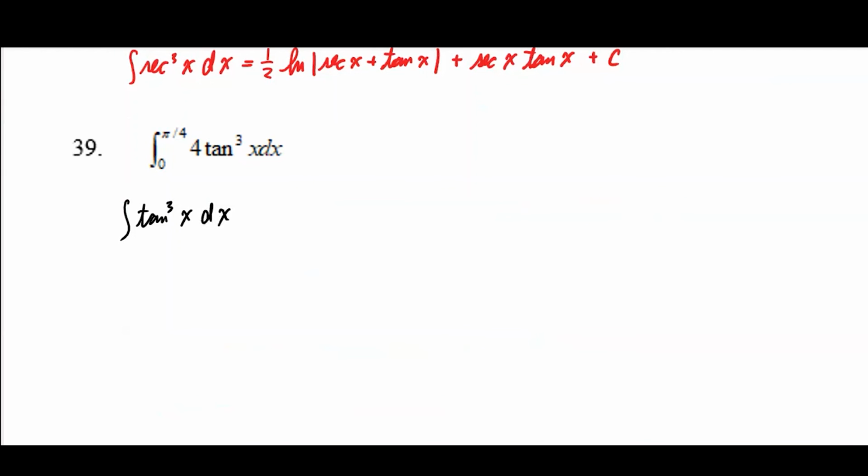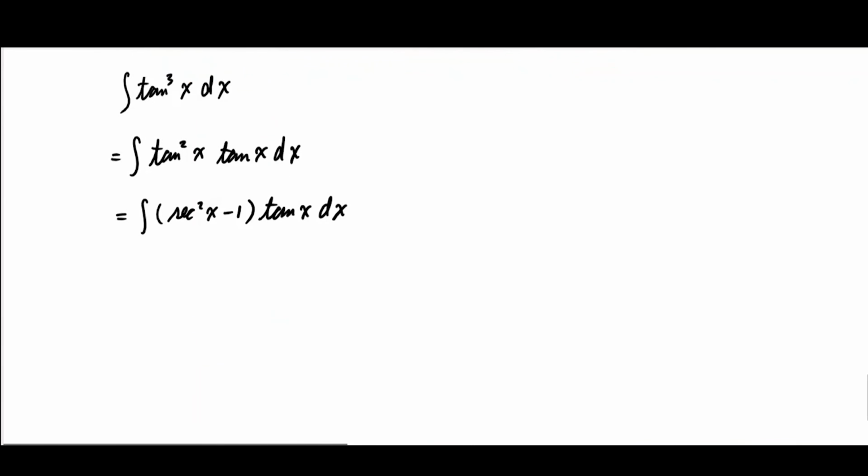dx, and then you separate. So we have tangent squared x times tangent x. And you can skip this line if you want to. And what's the tangent squared? That one is now secant squared x minus 1. And this is much nicer than the other one. So far so good. Now we separate this.